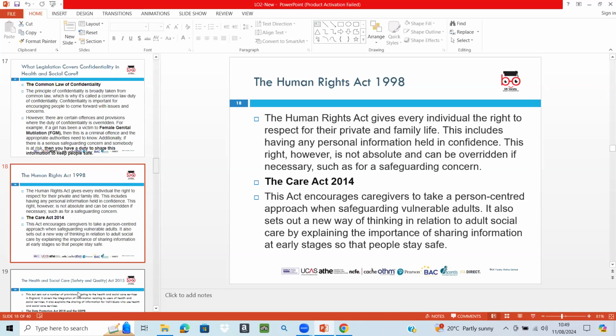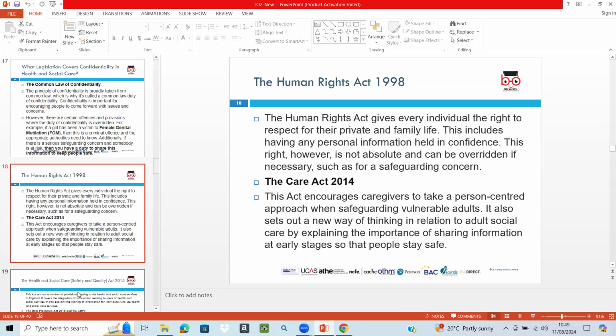For example, patients have the right to expect their medical records will not be disclosed to others without their permission or consent.